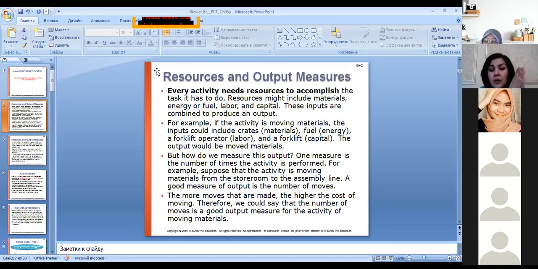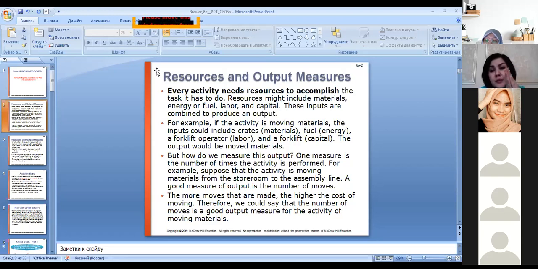And how to measure that activity? Simply calculating the number of movements, the number of moves.